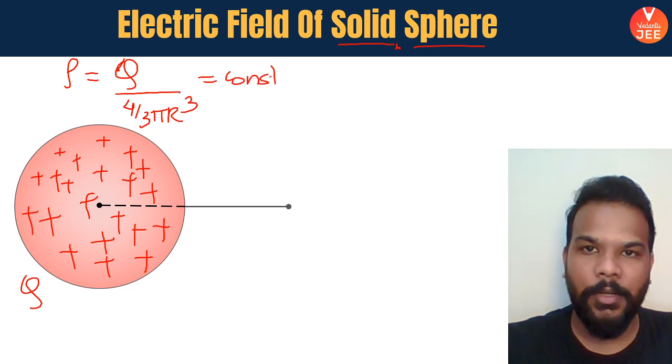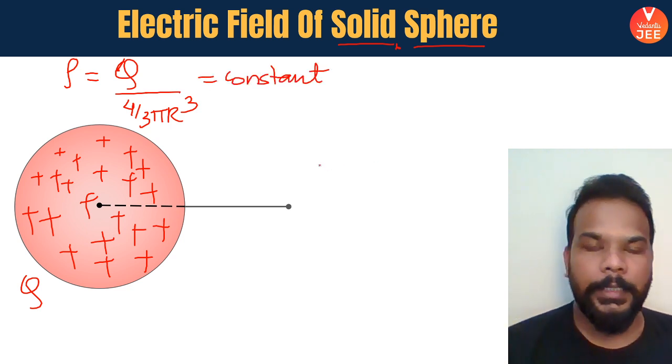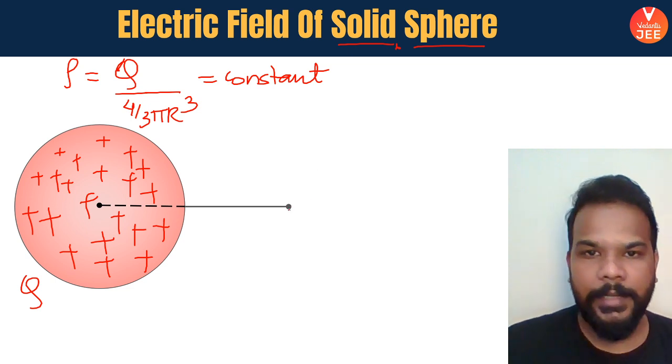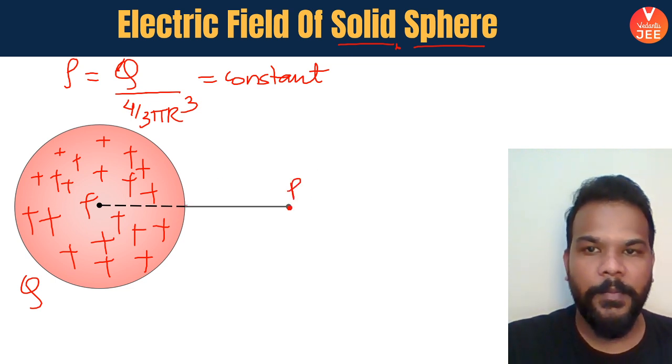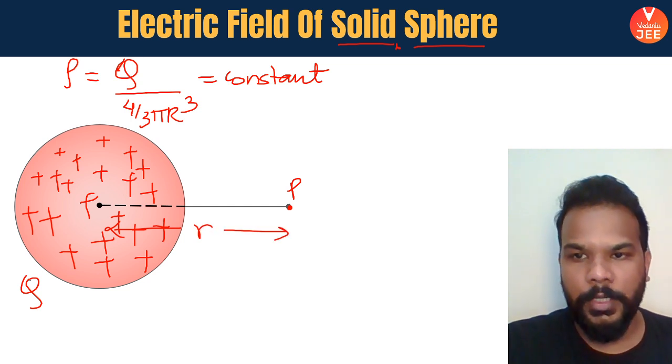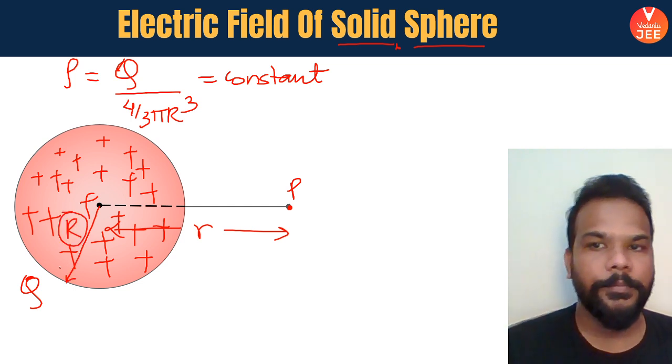Again we are interested in finding the electric field at point P, at a variable distance r. The total charge is Q and the radius of the spherical body is capital R.